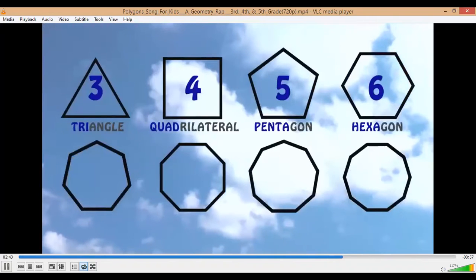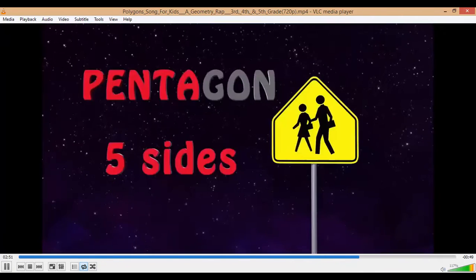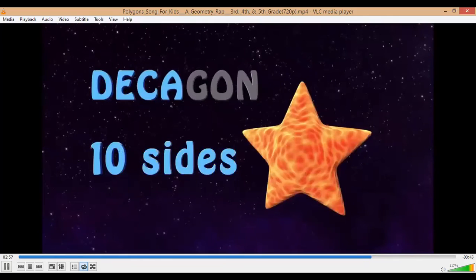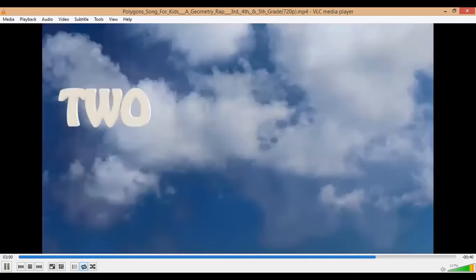Hepta means 7, octa means 8, nona means 9, and deca means 10. Tri means 3, quad means 4, penta means 5, and hexa means 6. Hepta means 7, octa means 8, nona means 9, and deca means 2 last things before we go.